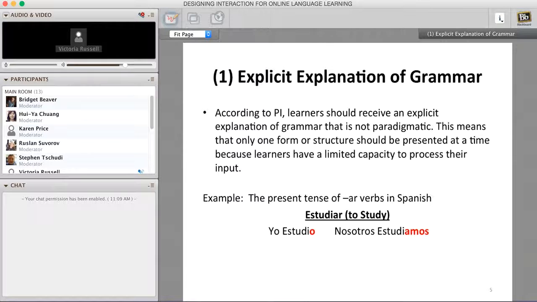Since learners can only take in and process so much new information at once, Van Patten's guidelines for creating processing instruction state that instructors should only present one form or structure at a time. For example, in Spanish, which is the language that I teach, there are 6 inflections or verb endings for each type of verb.